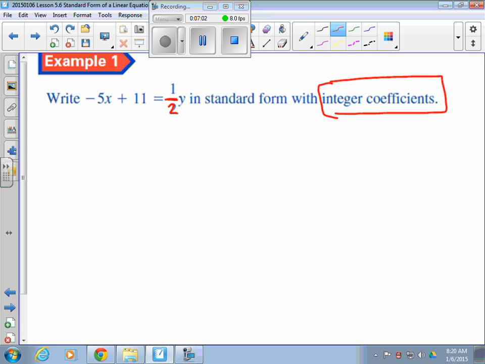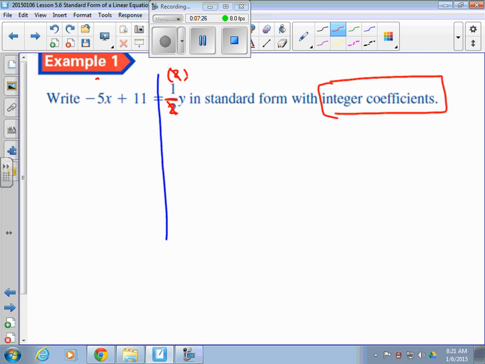Okay, let's take a look at this. You don't have to do a whole lot to this one other than getting rid of the fraction, getting rid of the divide by 2, and then moving over what you need to move over. In order to cancel out that divide by 2, you need to multiply that by 2. This will cancel it out, but you can't just multiply one term in an equation by 2.